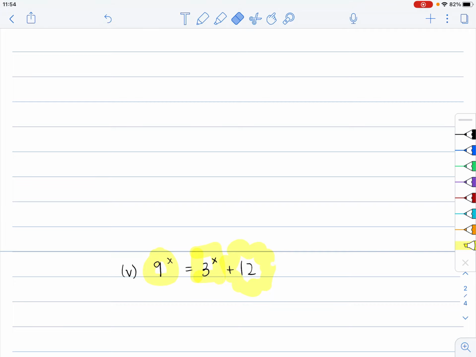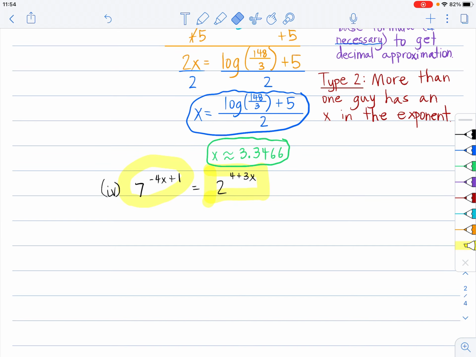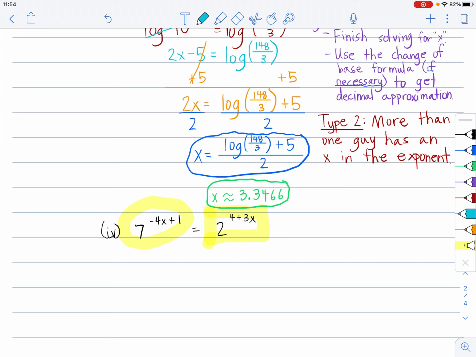So, is there an extra guy floating around with no x in his exponent?